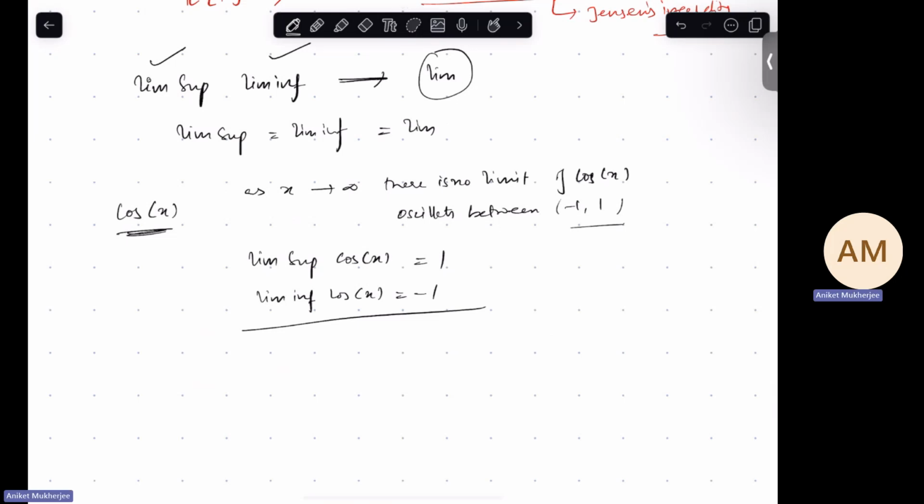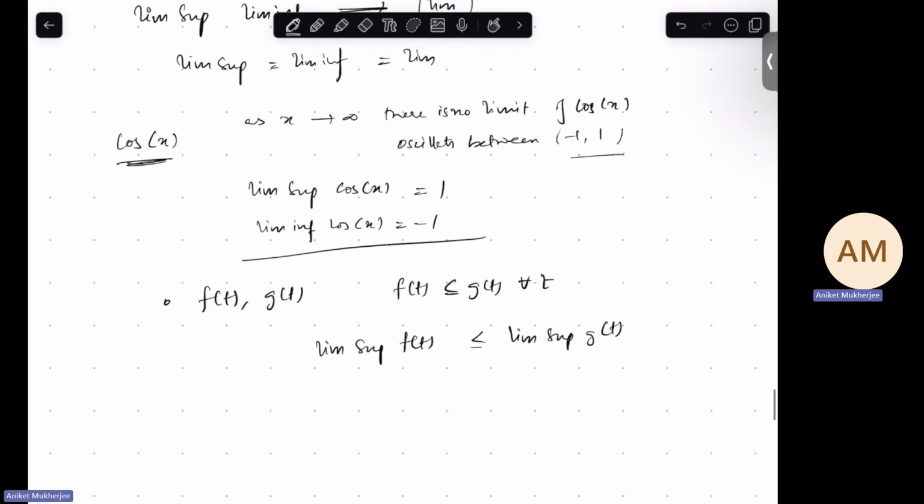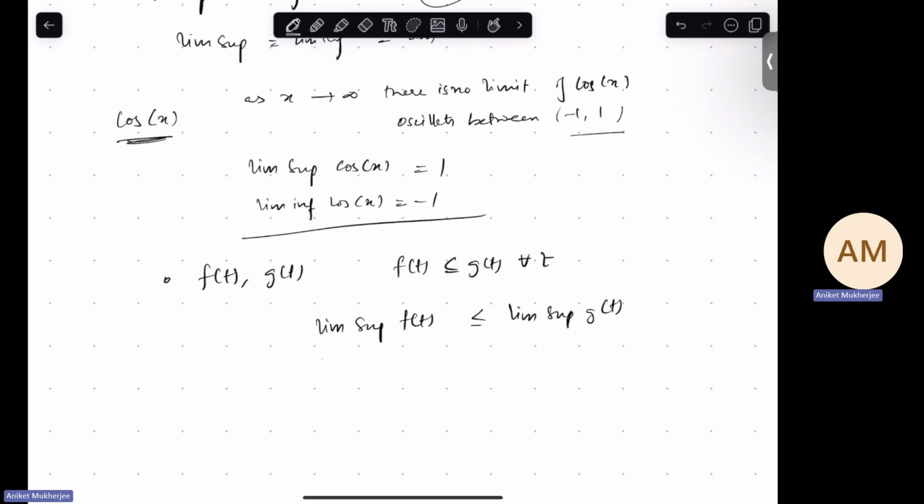Some properties of lim sup and lim inf for functions are: if you have functions f(t), g(t) that satisfy f(t) less than or equal to g(t) for all t, then lim sup of f(t) is less than or equal to lim sup of g(t). So lim sup preserves monotonicity. Similarly, lim inf of f(t) is less than or equal to lim inf of g(t).